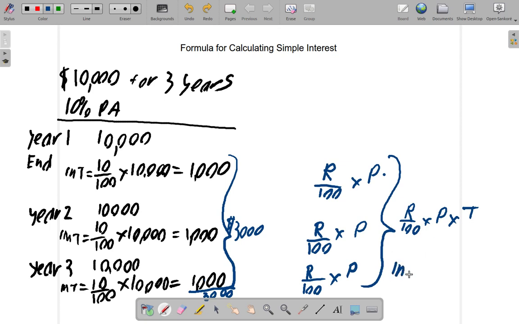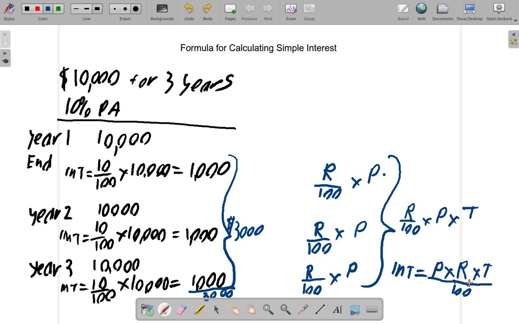So the interest that you get in total, in some cases, some books or websites might say it is principal in front. You just put this in front, it doesn't really matter. Multiply by rate, multiply by time over 100. But you can't put everything over 100. So it's PTR or PRT over 100.